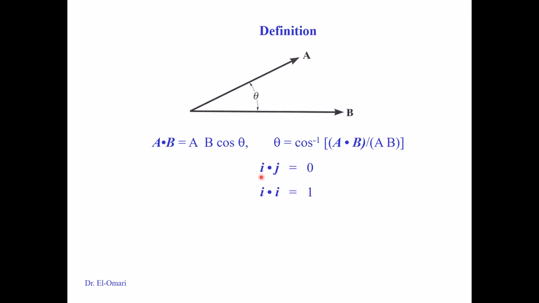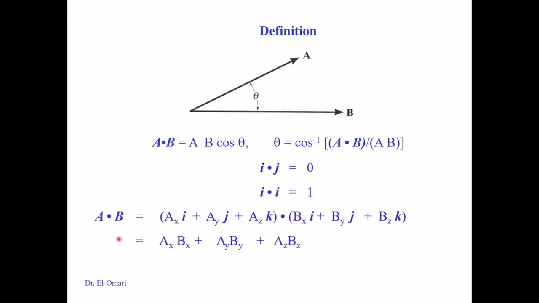And that's why if we get the unit vector of the x-axis, and dot the unit vector of the y-axis, it will give you 0. And because cosine 0 is 1, then we can get i dot i is 1.